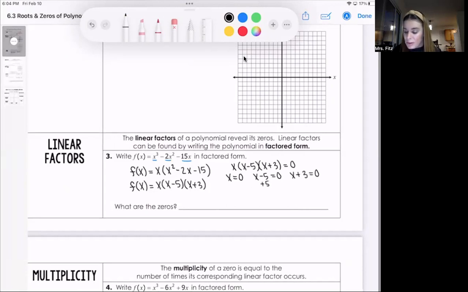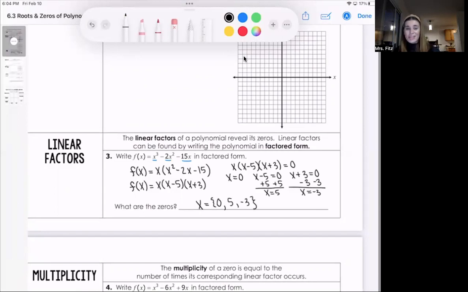I'm going to add 5 to both sides here. I get another 0 of x equals 5. And over here, by subtracting 3, I end up with x equals -3. So this is another cubic that gives us exactly 3 zeros. So I have x equals 0, 5, and -3.